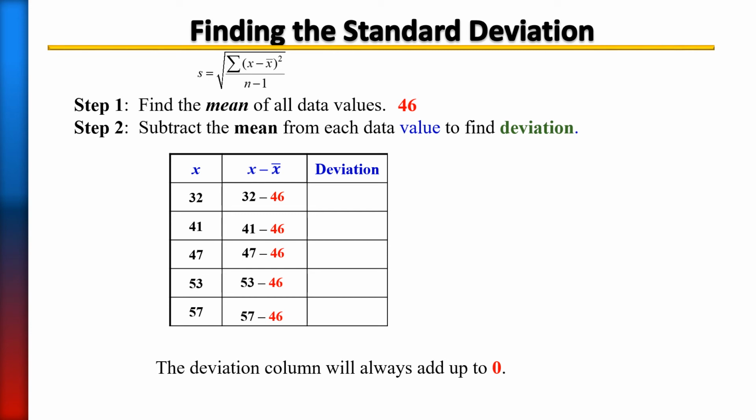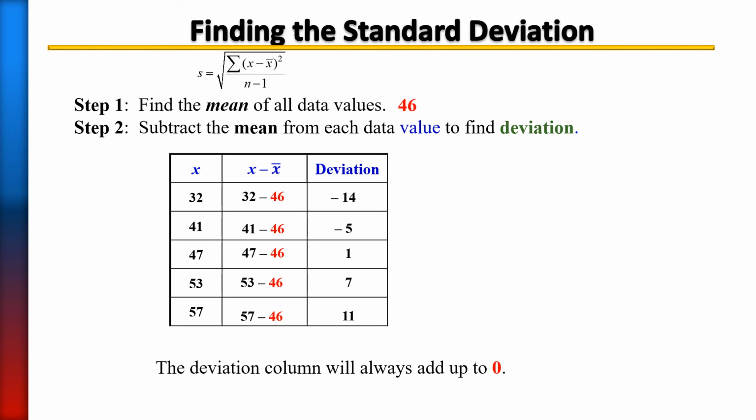Remember with the sign rules, if the signs are different, one's negative and one's positive, you're going to subtract and take the sign from the larger number. So in some cases, it's going to be a positive, and in other cases, it's going to be a negative. In either case, when you add up that column, it should equal 0.